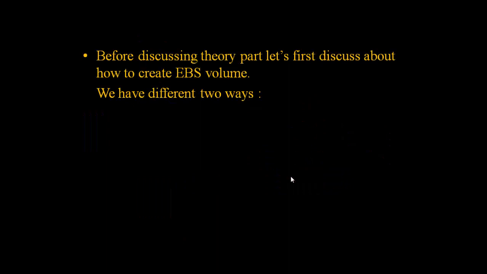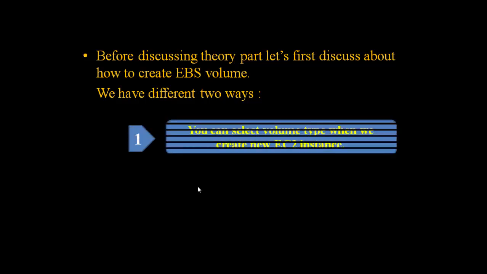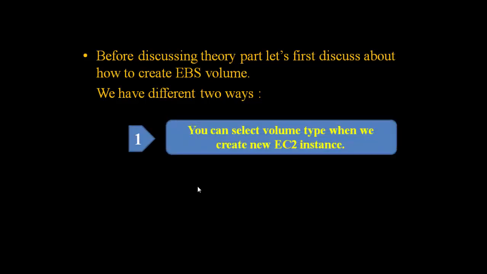Now before discussing the theory part, let us first discuss how to create EBS volume. Basically there are two different ways to create an EBS volume. The first one is that you can select the volume type when we create a new EC2 instance. I hope you know very well how we can create an EC2 instance.